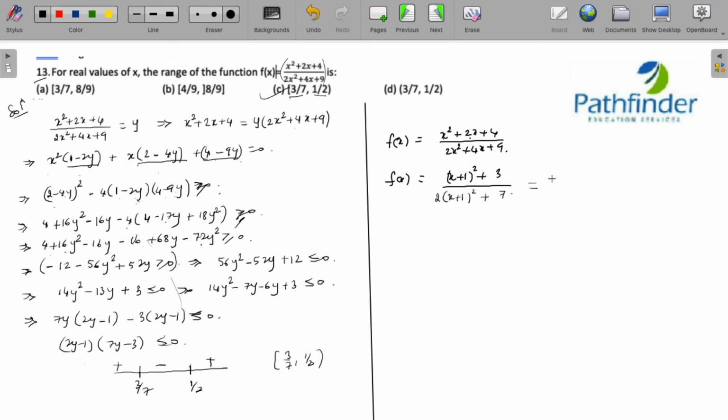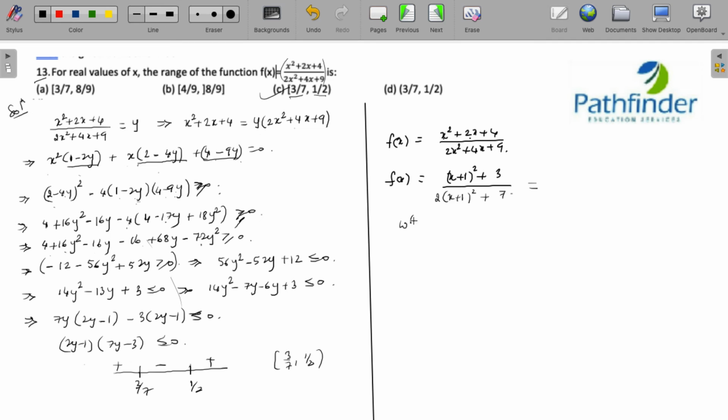So this function, if you closely observe, will have the minimum value when x plus 1 is 0. So when x plus 1 is 0, or when x is equal to minus 1, the function will have the value exactly equal to 3 by 7.